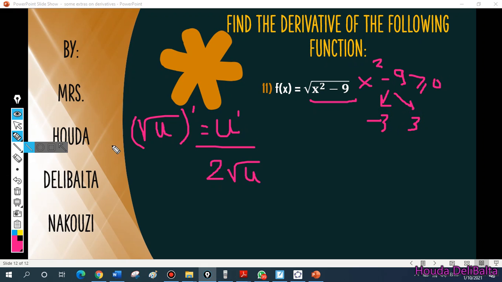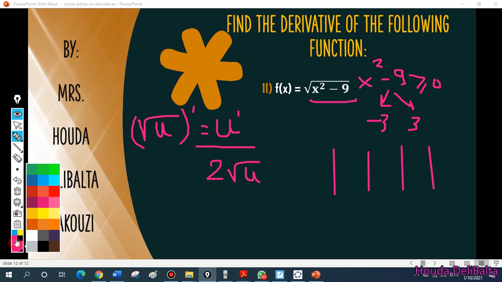Now how to determine the position where this value is exactly positive? So we just make the sign table. Here is the sign table. We put the numbers that are roots, -3 in the increasing order, and 3.